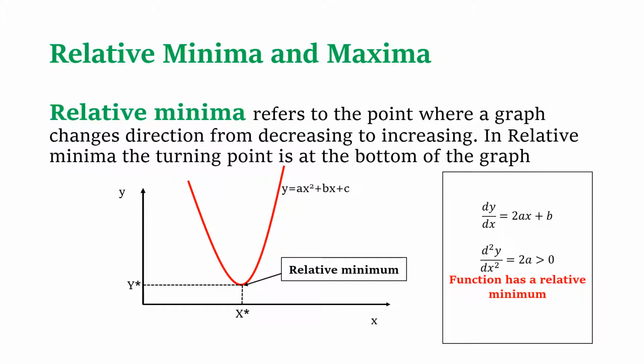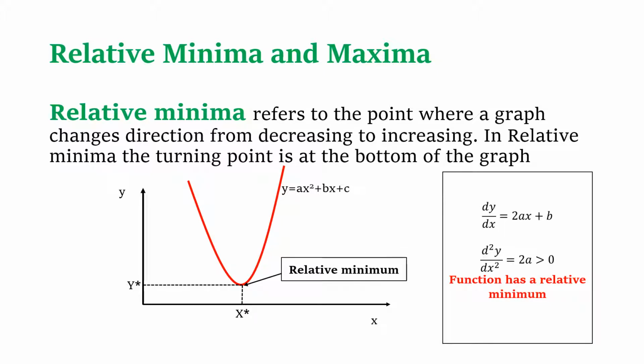Now let's move on to the concept of relative minima and relative maxima. Now, say a graph with a U shape, right? If it has a U shape, first the graph is decreasing, and then later it increases, right?